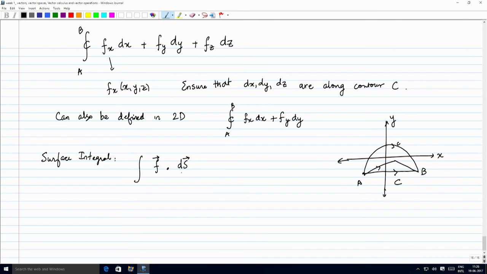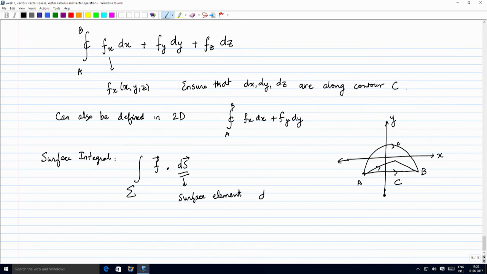This is called a surface element, and this integral is over some surface, which I will call sigma.